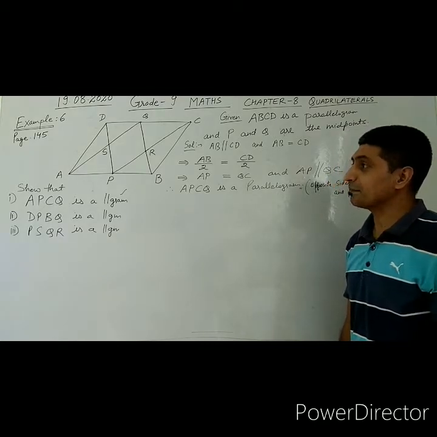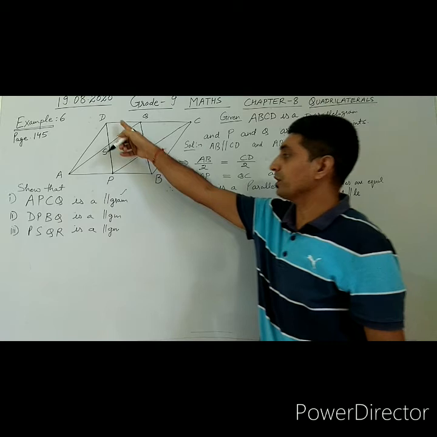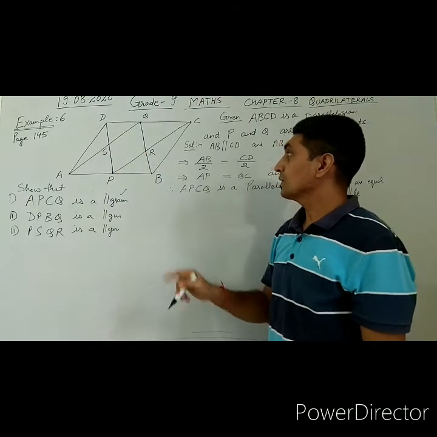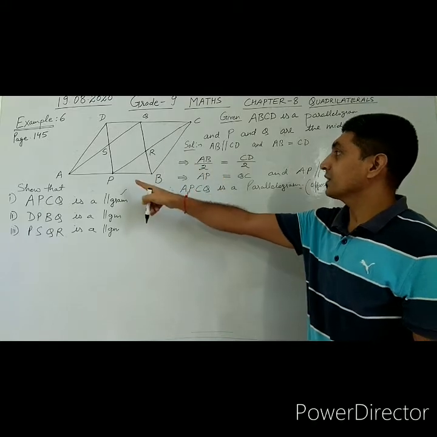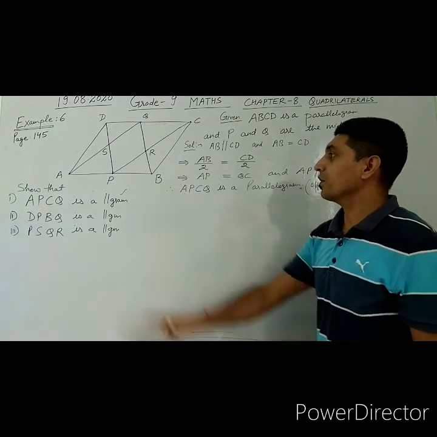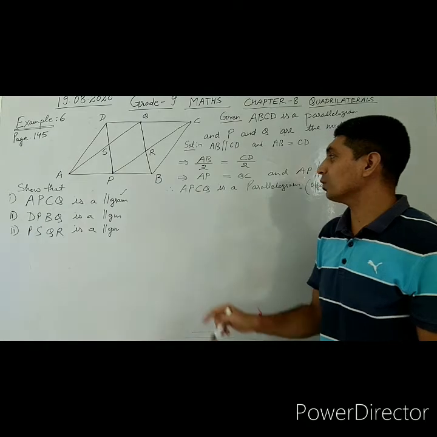Similarly, now DPBQ. So same, half of AB, that is your PB, because AP and PB are equal.